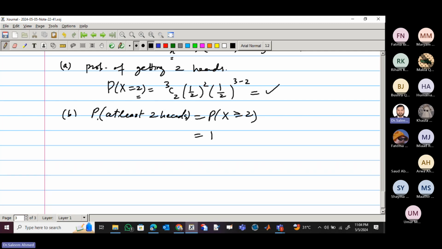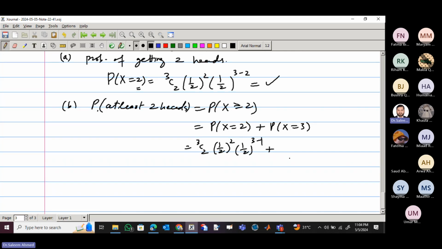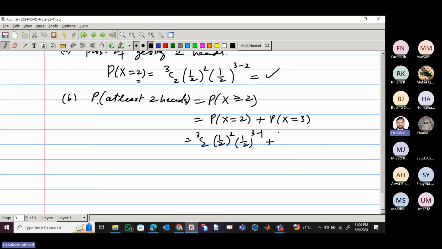So it means I have to find 2 probabilities, for 2 and 3, because it cannot be more than 3. So I will add these 2 probabilities. So 3C2 (1/2)^2 (1/2)^(3 minus 2) plus, for x equal to 3, it will be 3C3 (1/2)^3 and (1/2)^(3 minus 3).